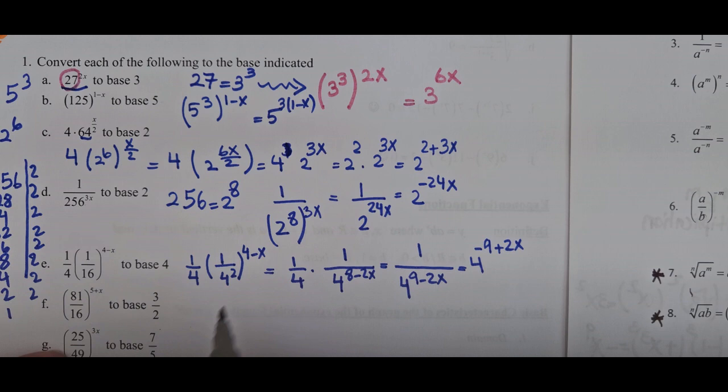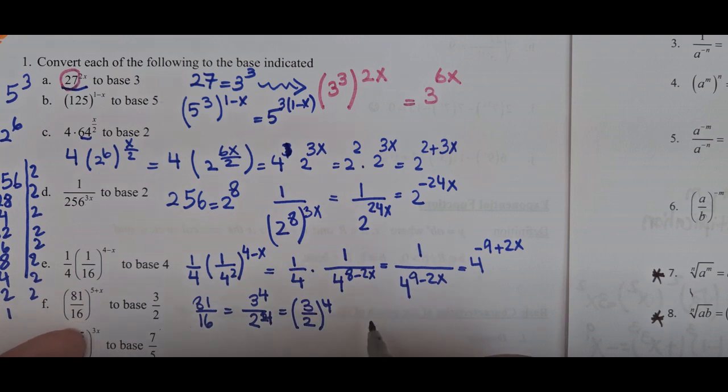Next question, it's giving you a base, which is a fraction, and it's asking you to change the base to a different fraction. So here you have 81 over 16, and it's asking you to change it to this base. So 81 is actually 3 to the power 4, and 16 is 2 to the power 4. So I can write it as 3 over 2 to the power 4, right?